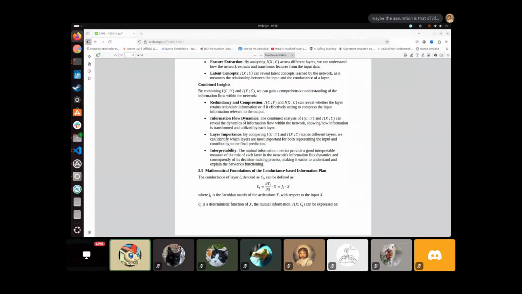Also, wait a minute. Maybe the assumption is that the gradient is mostly constant, so the gradient multiplied by x is like a first degree Taylor series.